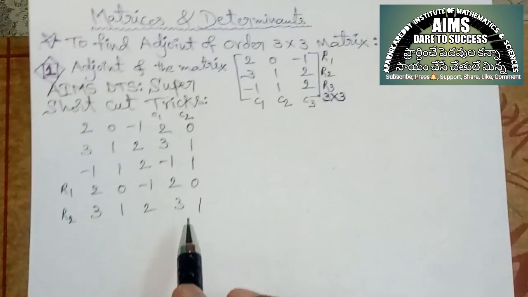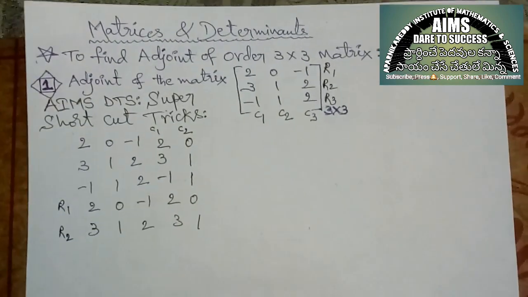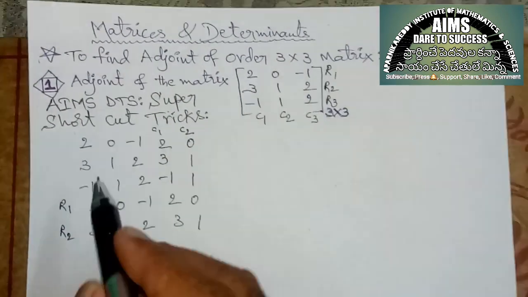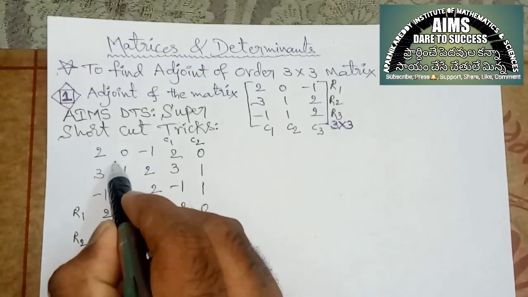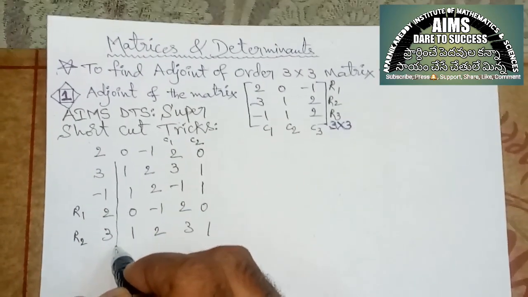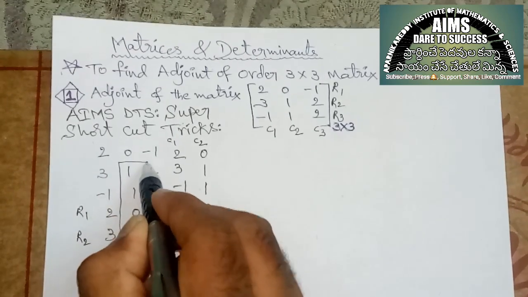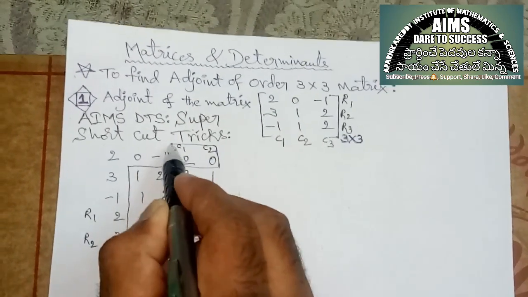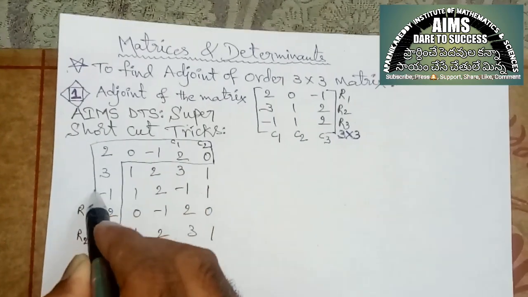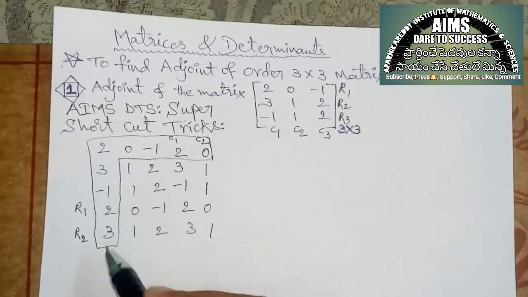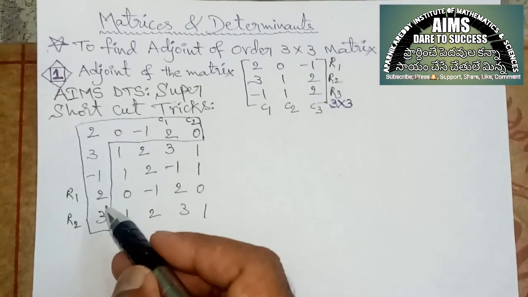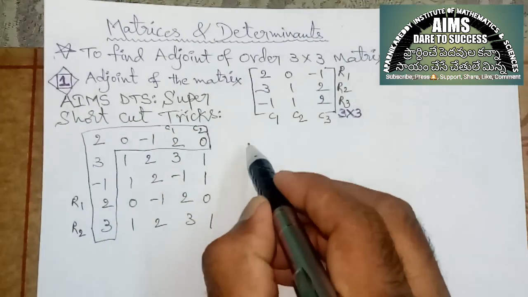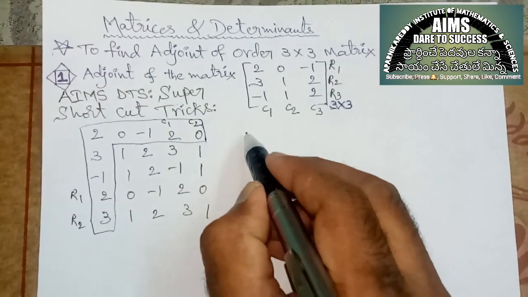You can copy paste. After completing this procedure, you have to remove the first column and first row from this matrix. After removing that, you can write the remaining values in that matrix.